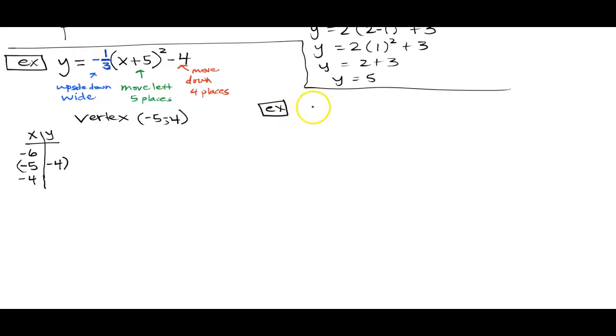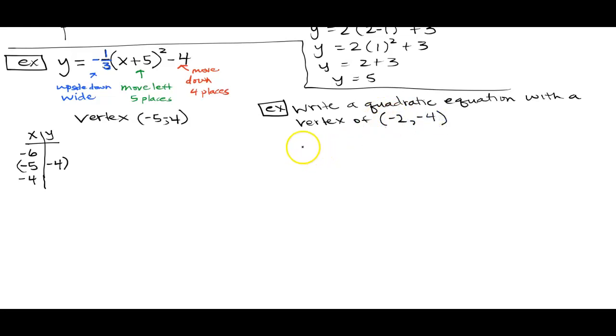It will say something like: write a quadratic function or equation with a vertex of -2, -4, and through the point 1, 9.